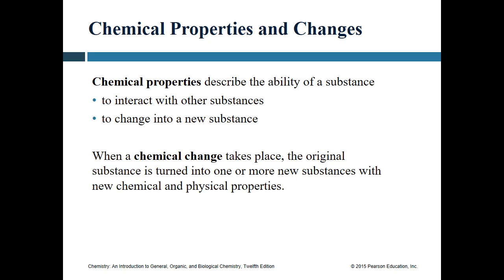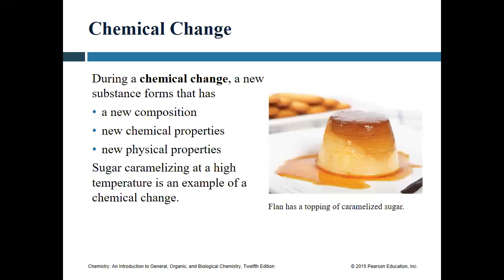But the before and after for a chemical change, they're not the same thing at all. Oftentimes, what that means is that the resulting products after a chemical change will also have different properties, different physical properties, sometimes different chemical properties as well.